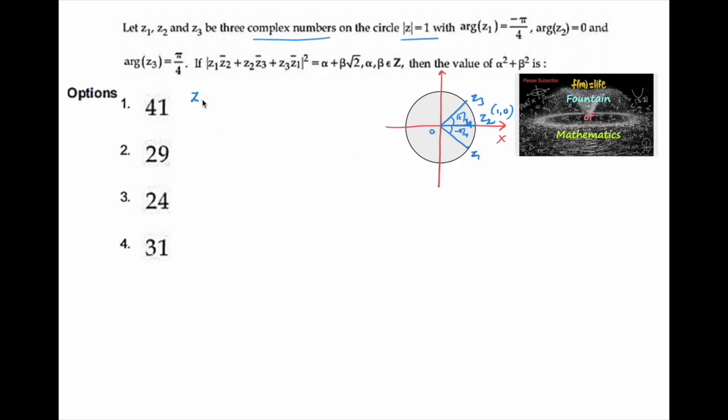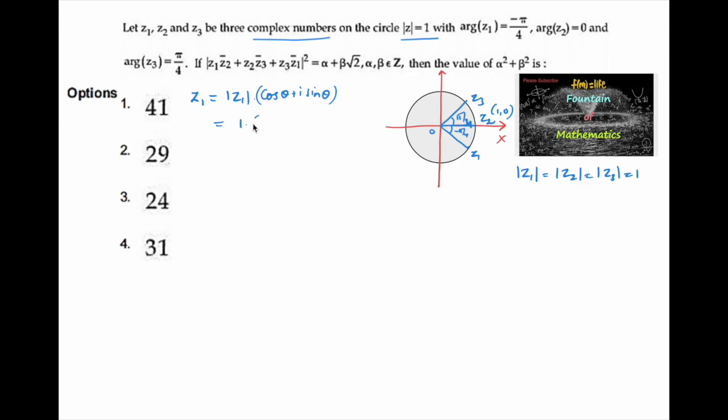So we can write Z1 is equal to the mod of Z1. And we know that since all the 3 points lie on the circle mod Z is equal to 1, we can write mod Z1, mod Z2 and mod Z3 is equal to 1. So mod Z1 into cos theta plus I sin theta is the formula.